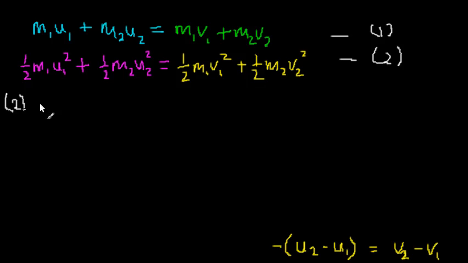I'm going to multiply the whole lot by 2, and all the halves cancel off. So I'll cancel off the halves directly first, and take this as my equation 2. Now I'll rearrange this to move all the terms with m1 to one side and the terms with m2 to the other side.